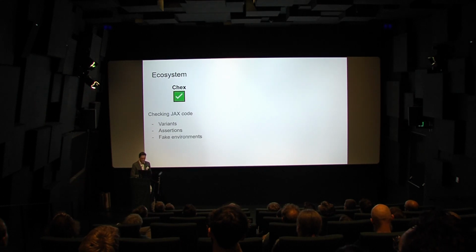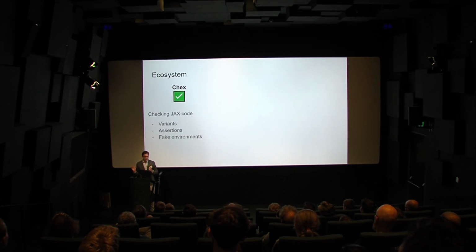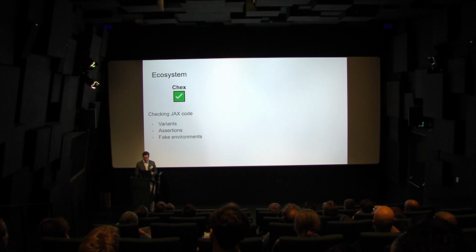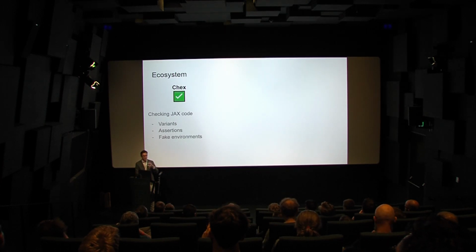In the last few minutes, I also just want to sketch the larger ecosystem surrounding JAX. So we also have Chex, which is basically a way to write unit tests for JAX, and it allows you to have different variations, compiled versions and non-compiled versions that you can automatically check.